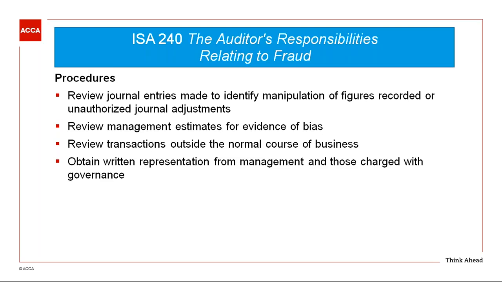Transactions that are outside the normal course of business, or that are unusual, need special focus from the auditor. And yes, the auditor needs to obtain written representation that management is not aware of any fraud that occurred during the year.